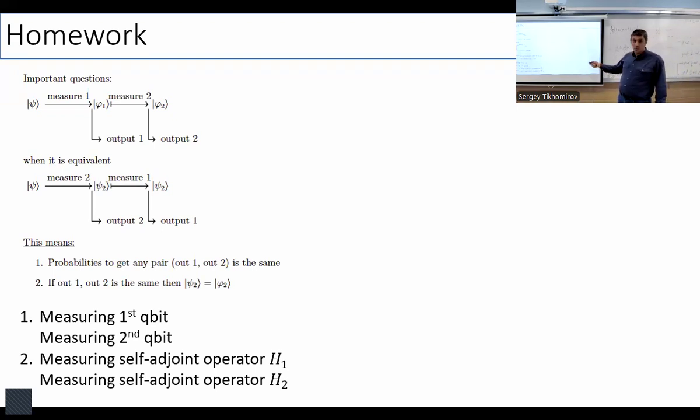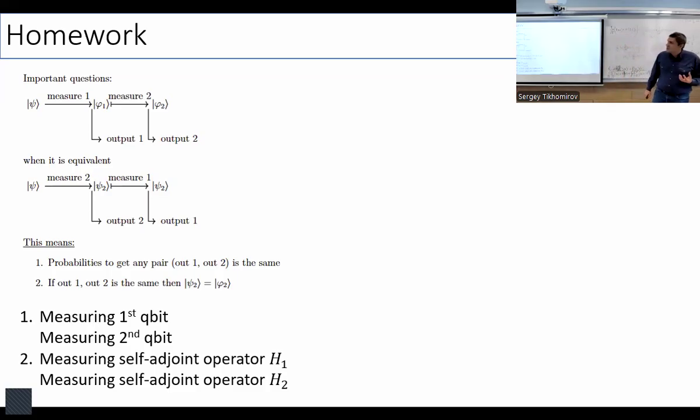Assume that we do measurement 1 and get some output. After this, we do measurement 2 and get some output, with the final state phi 2. And assume that we do it in the opposite direction: we first do the second measurement, and after this the first. We also get some outputs, which I will call output 2, output 1, to swap them as well, and we would have a final result.